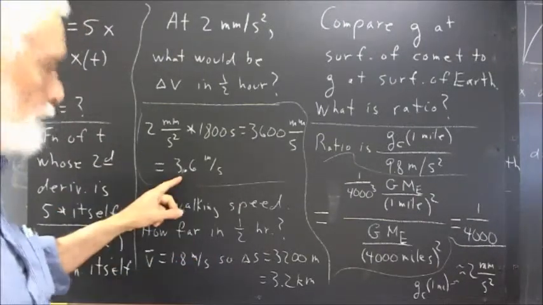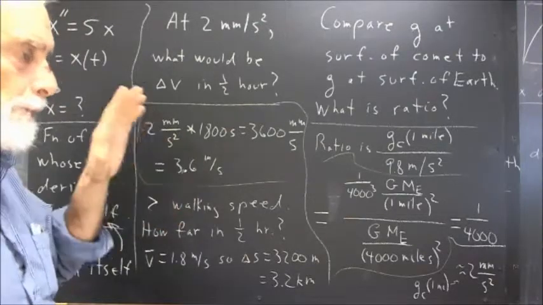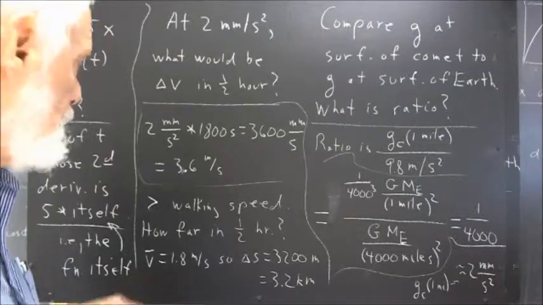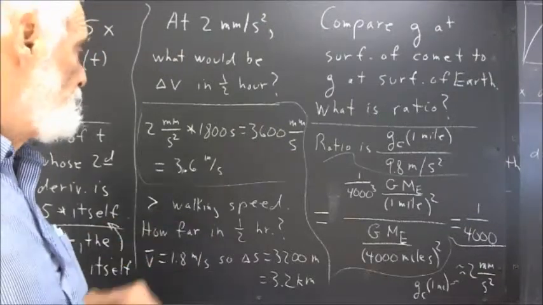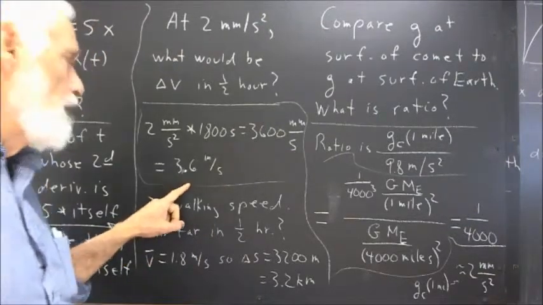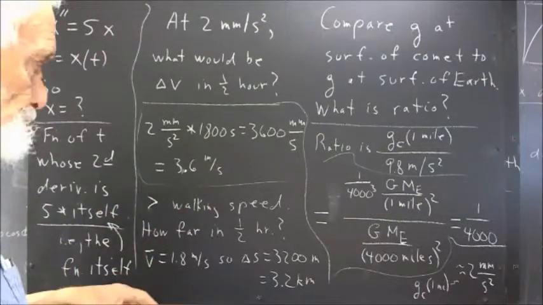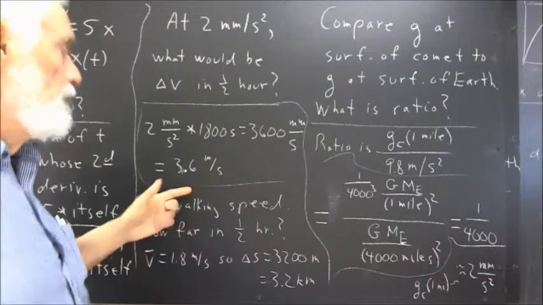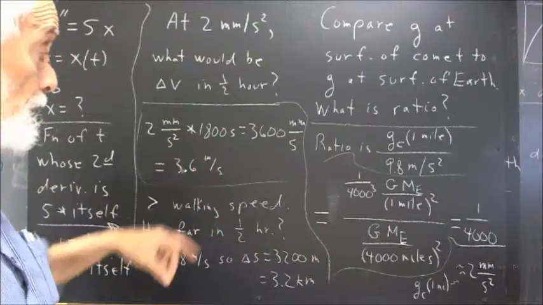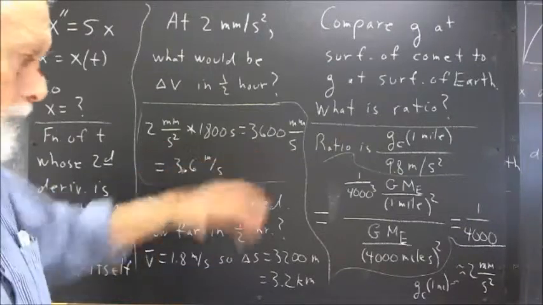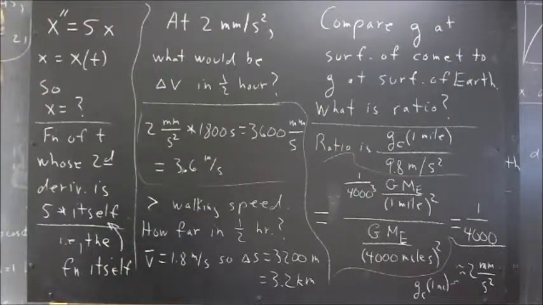Now that's not totally consistent with the idea that it approached the comet at walking speed. Okay, that's greater than walking speed, but it's not out of the ballpark. Walking speed, again, is between 1 and 2 meters per second. So this is maybe twice as great as the upper end of what we would regard as walking speed.